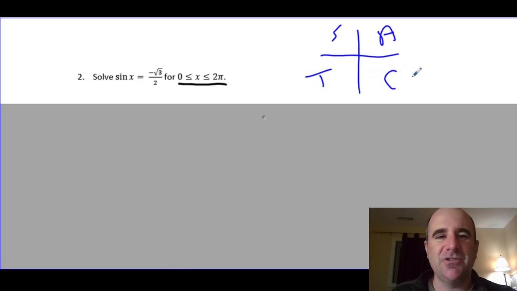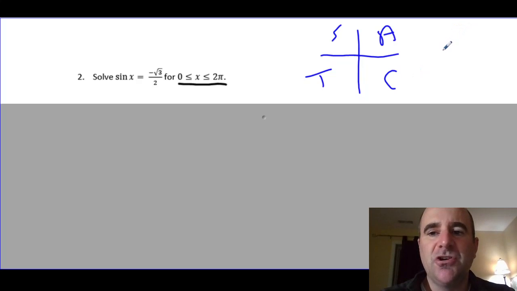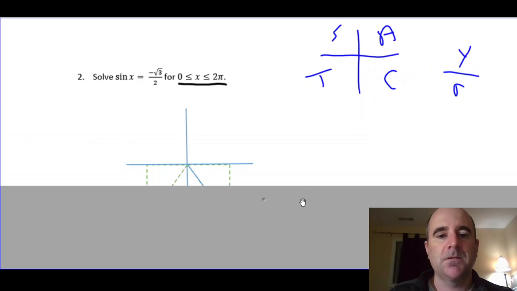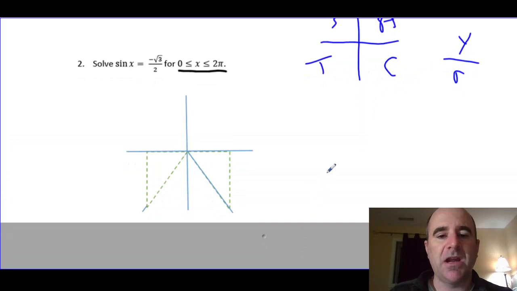Now, if you've talked to me, I'm not a huge fan of the CAST rule. I think it's kind of cheating. I think you should know that since sine is y over r, and since r is always positive, the only way sine can be negative is if the y value, which is kind of like the opposite side, is negative, in which case it must be down here. Okay, so we know one of our answers is either here or here.